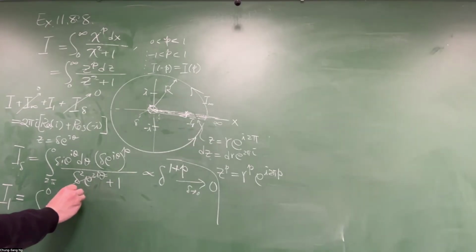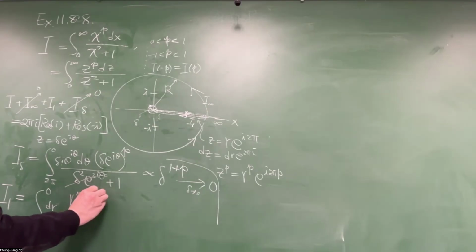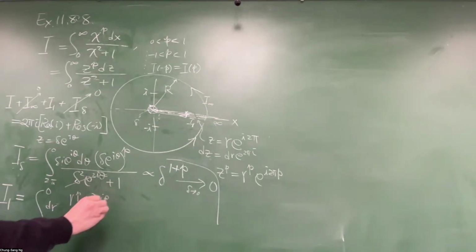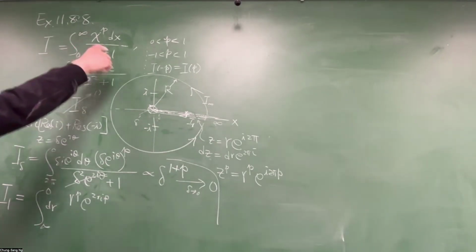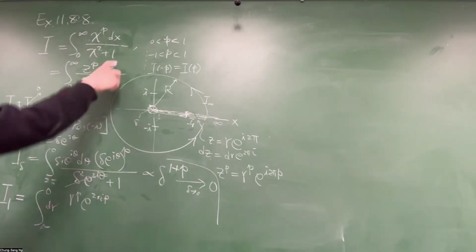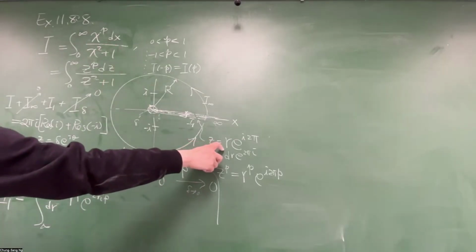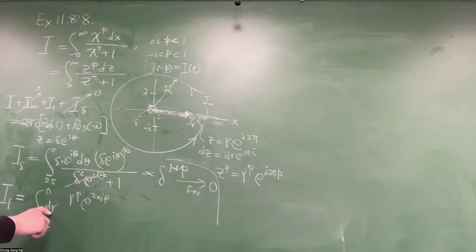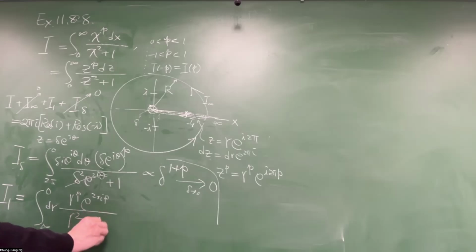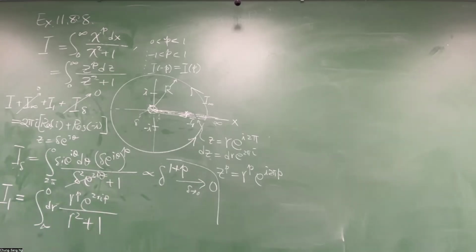And then you have r to the p power e to the 2 pi i p, plus z to the p, and then we want to take care of dr. dz is just dr, and the denominator is just the same, z squared plus 1.